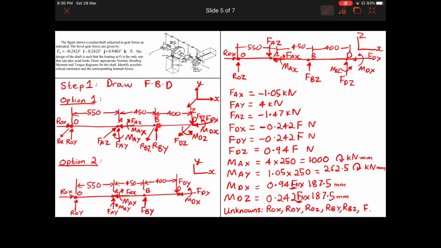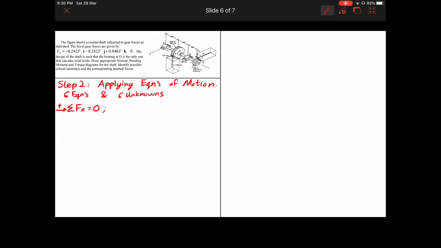At B we don't have any x component, and at D we have FDX, which is negative. So it's going to be ROX minus FAX minus FDX. So ROX minus FAX minus FDX is equal to 0. So from this we can find what ROX is.